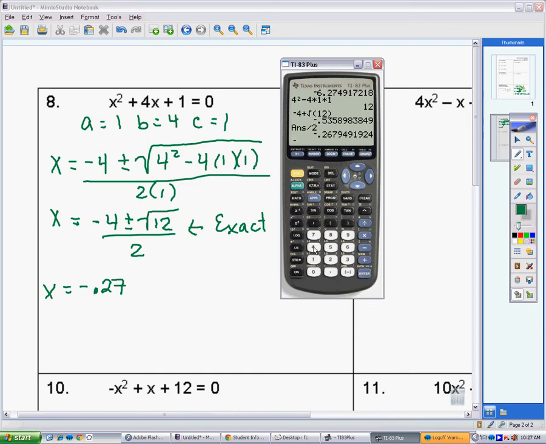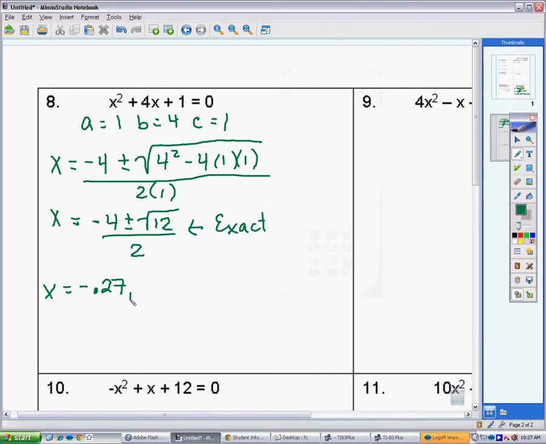So I'm going to do negative 4 minus square root of 12, and that's my numerator, and divide that by 2, and we get negative 3.73. So these are my approximate answers. Okay, this is my exact answer, this is my approximate answer.